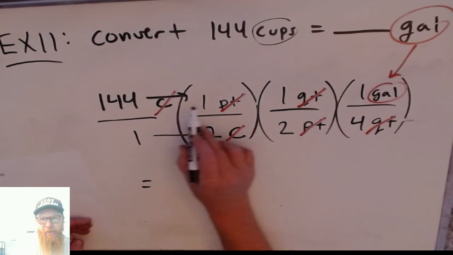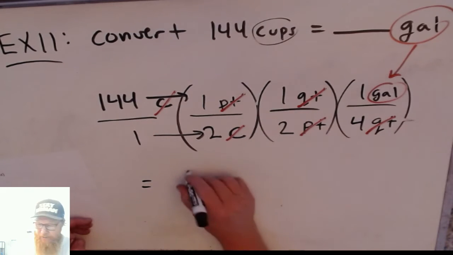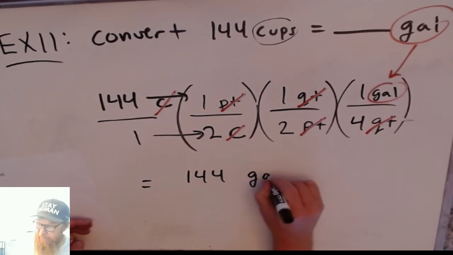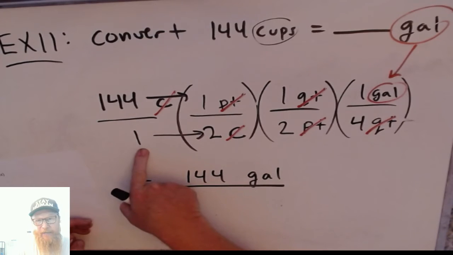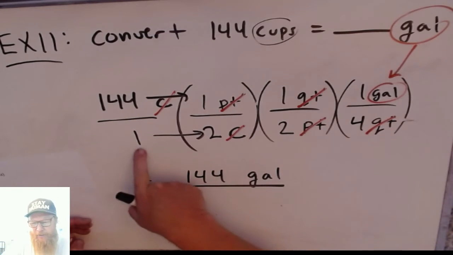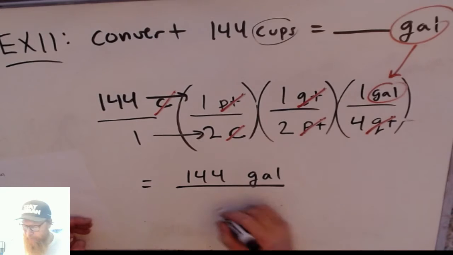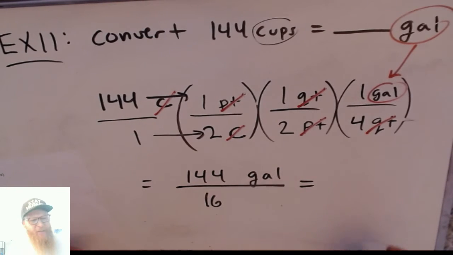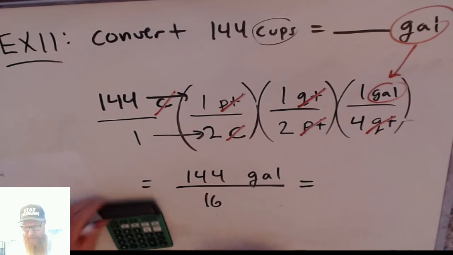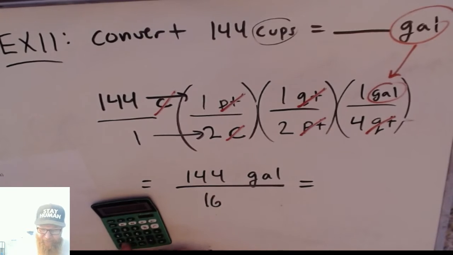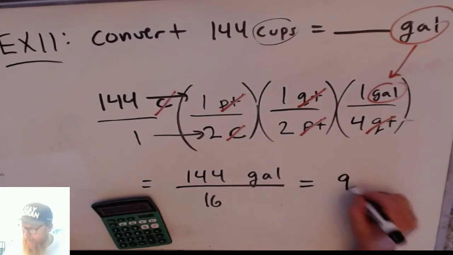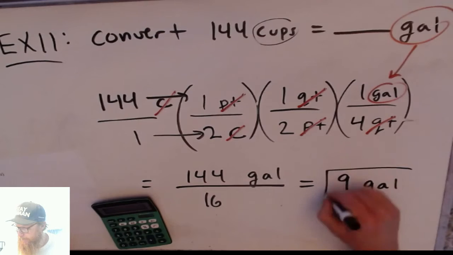So 144 times 1 times 1 times 1, so the numerator is still 144. And the denominator, all the units are gone, so it's 1 times 2 times 2 times 4, that's 16. This one's not approximate, at least I don't think it is, it comes out exact. 144 divided by 16 is exactly 9 gallons.